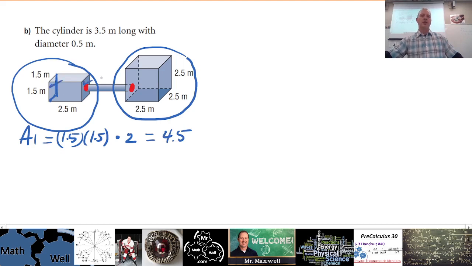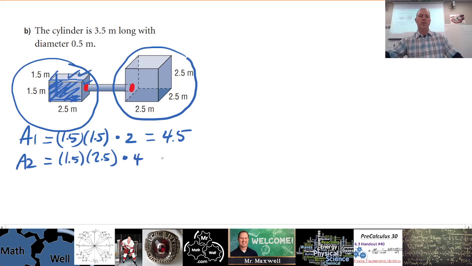That's the 2 ends. And the top is 1.5 by 2.5, and so is the bottom, and so is the side. So we've got 4 equal sides. Area 2 would be the sides, and that's going to be 1.5 times 2.5, right? That's the area of this side face, but that's the same as the top, the back side, and the bottom.